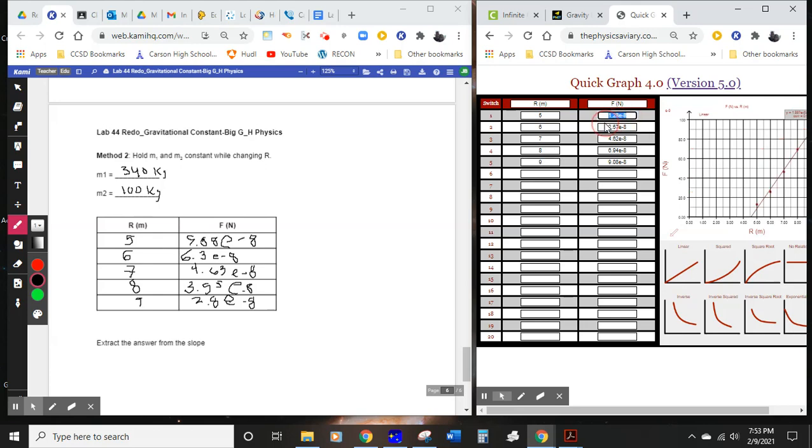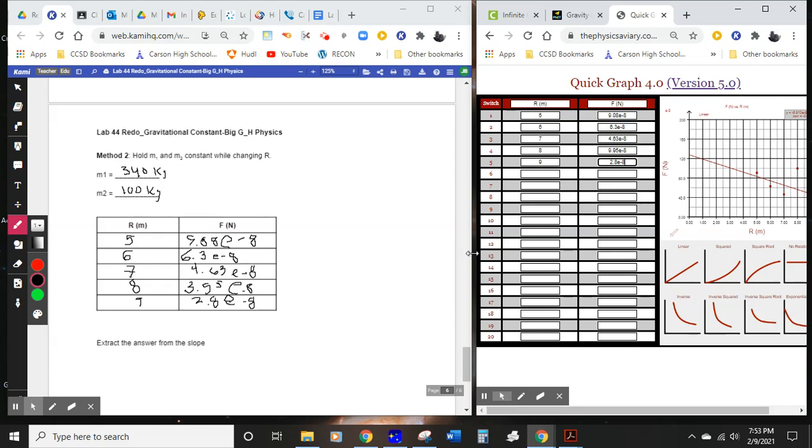Now the force: 9.08 e minus 8 for the first one, 6.3 e minus 8, then 4.63 e minus 8, then 3.95 e minus 8, and finally, the last one, 2.8 e minus 8.